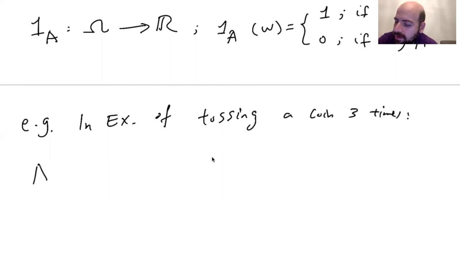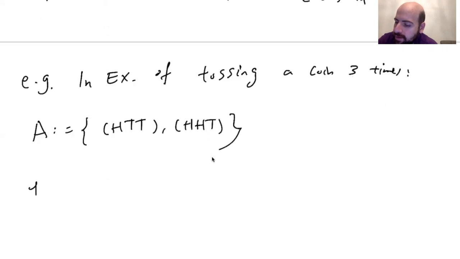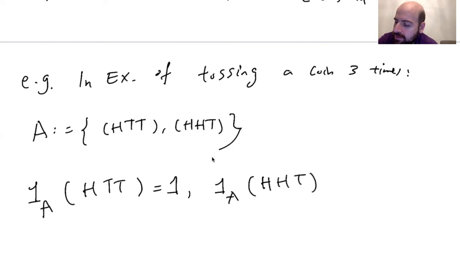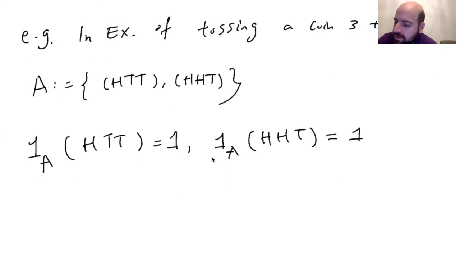Let's say I set A to be {head-tail-tail, head-head-tail}. Then 1_A of head-tail-tail is 1, 1_A of head-head-tail is also 1, but 1_A of anything else is 0.